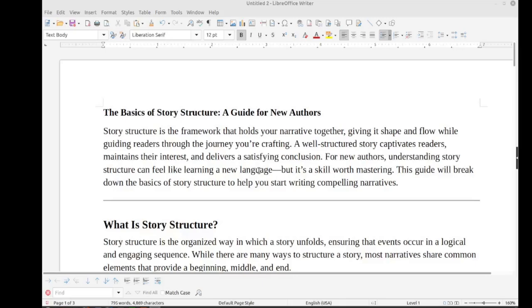Remember, the only rule in your story is that the rules you set in your story must be followed. So, for new authors, understanding story structure can feel a lot like learning a new language, but it's a skill worth mastering. This guide will break down the basics of story structure to help you start writing compelling narratives.